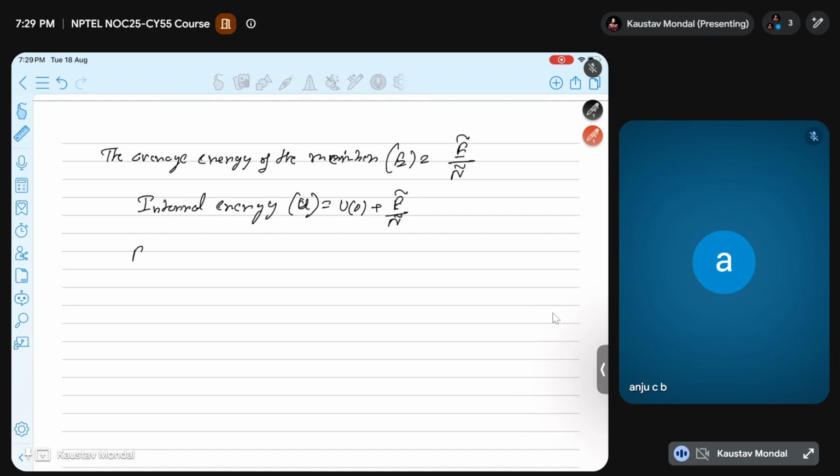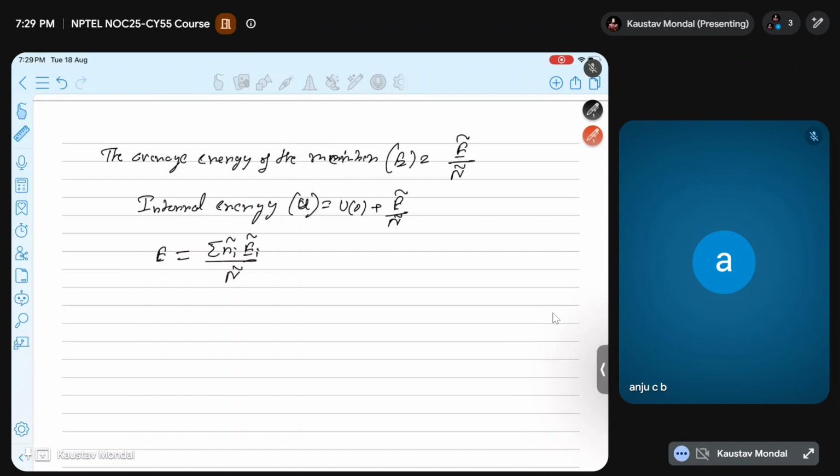So we know E tilde is basically summation over Ni by Ei by N. So average energy E is basically E tilde by N. So E is nothing but Ni tilde by Ei tilde by N tilde.